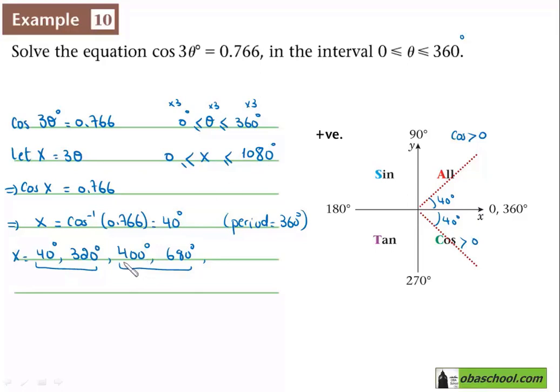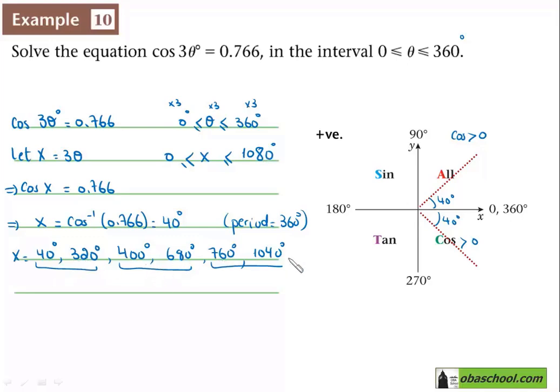So we need to add 360 degrees to the 400 degrees. It is 760 degrees. We also add 360 to the 680. It is 1040 degrees. Now we stop, because if we add 360 to 760, then it will be greater than 1080.